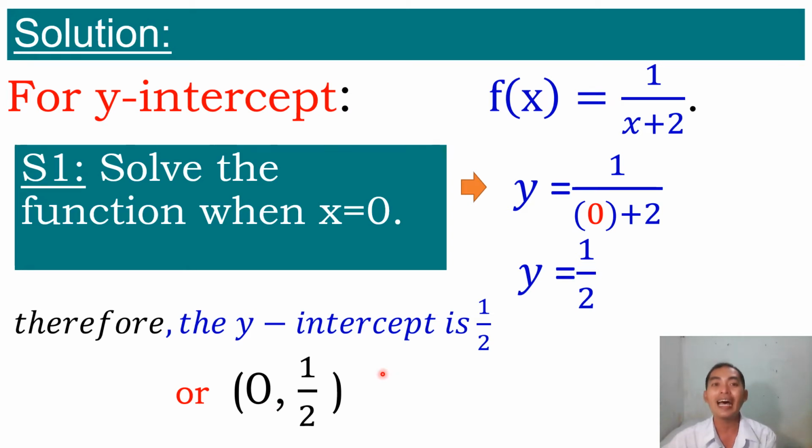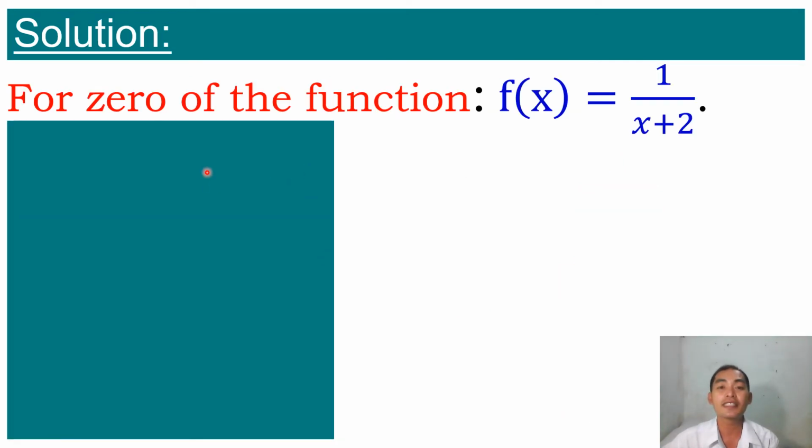Take note, ang shortcut ng pagkuha ng y-intercept ay kukunin lang sa numerator yung constant term over sa denominator yung constant term. So, y equals 1/2. Laging y equals, or by means of coordinate, ilagay lang sa y coordinate. Coordinate (0, 1/2). Malinaw na po? Okay, proceed tayo sa zero of the function.